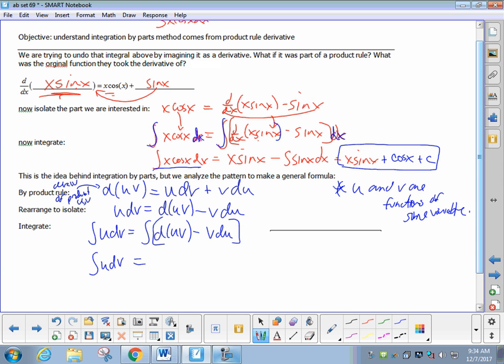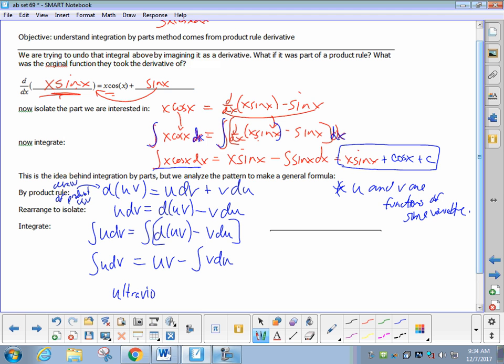That's what I'm trying to make a pattern for. But the right side can be integrated separately because it's a difference. What's the first part? The antiderivative of the derivative of uv is uv minus, now this, the antiderivative of this, will be something we'll have to find.